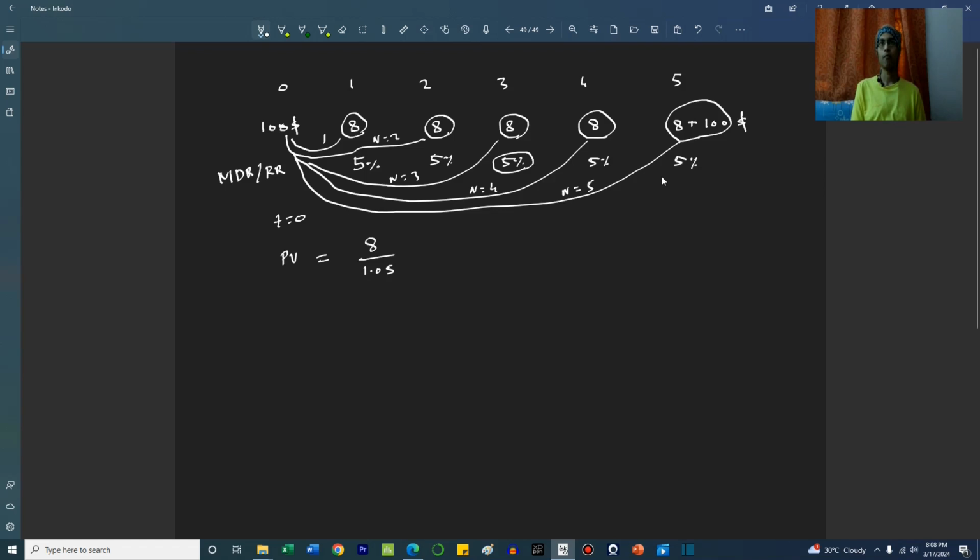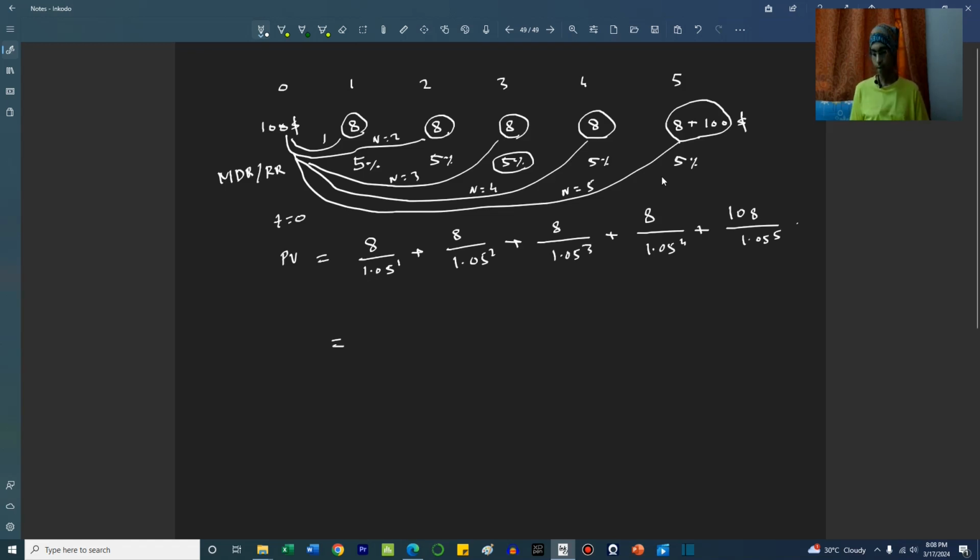8 by 1.05 to the power 1, the first one. Second one will be 8 by 1.05 to the power 2, then 1.05 to the power 3, 1.05 to the power 4, 108 by 1.05 to the power 5.